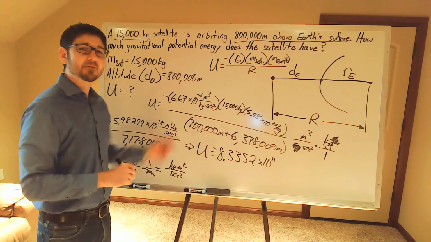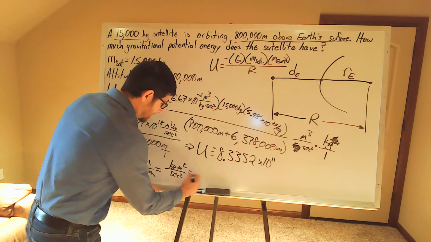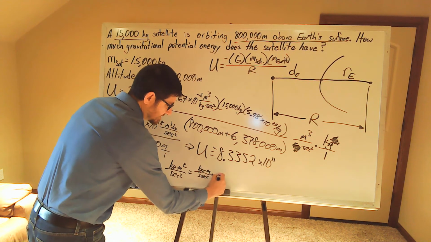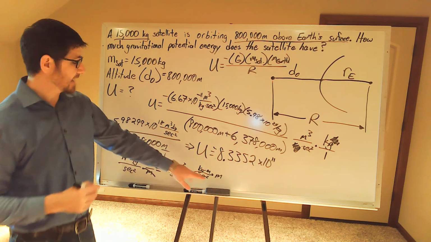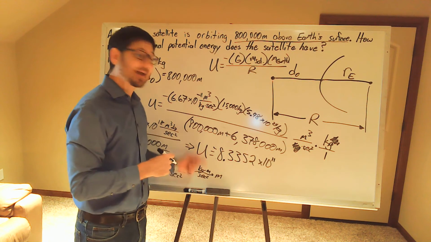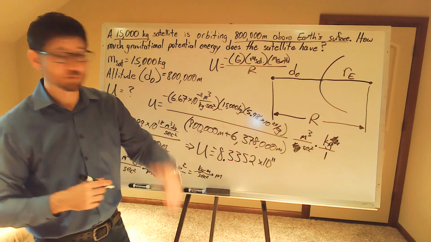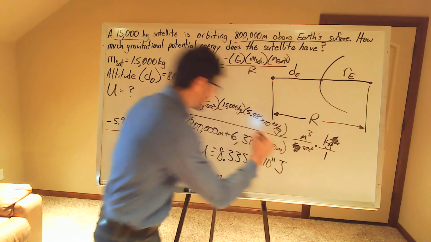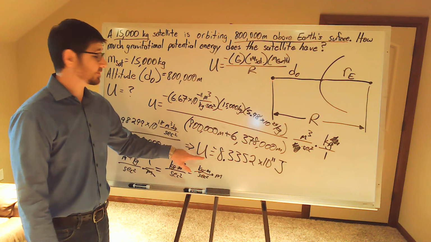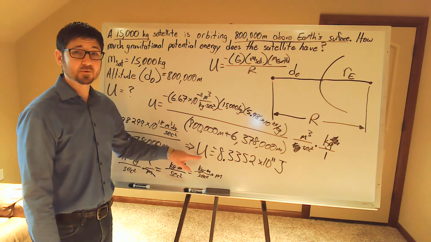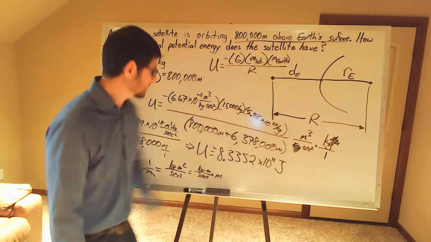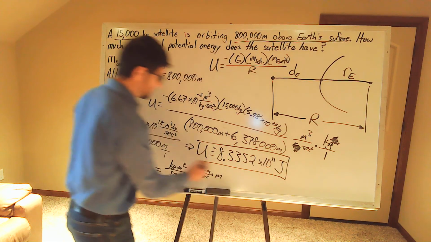If I factor a meter out of this, I get kilogram meter per second squared times a meter. We know that a kilogram meter per second squared is a Newton, and a Newton times a meter is a joule. So our final answer, our gravitational potential energy identified by capital U, is negative 8.3352 times 10 to the 11th joules.